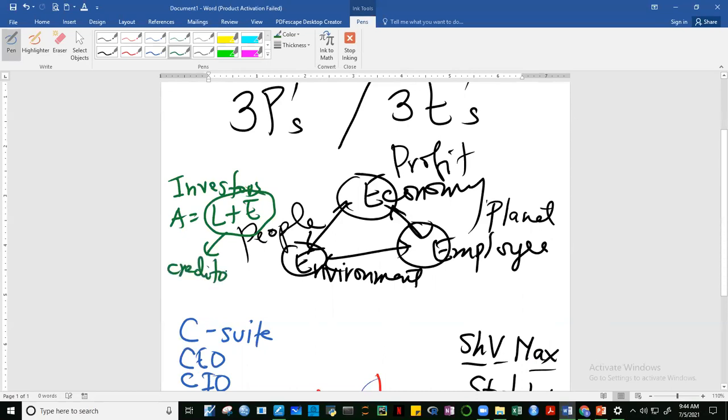Creditors. And equity, ito yung mga sila yung mga shareholders. Okay, thank you. Thank you, Erin. Thank you, Marco. Sila yung mga shareholders.